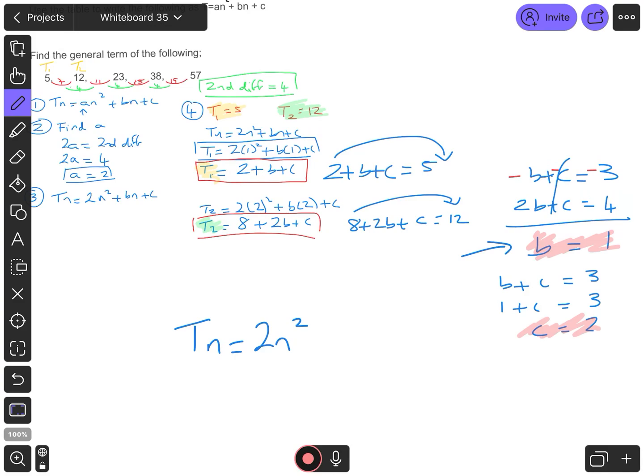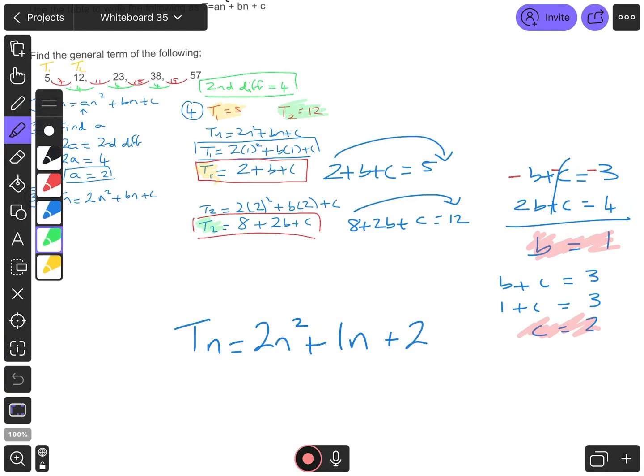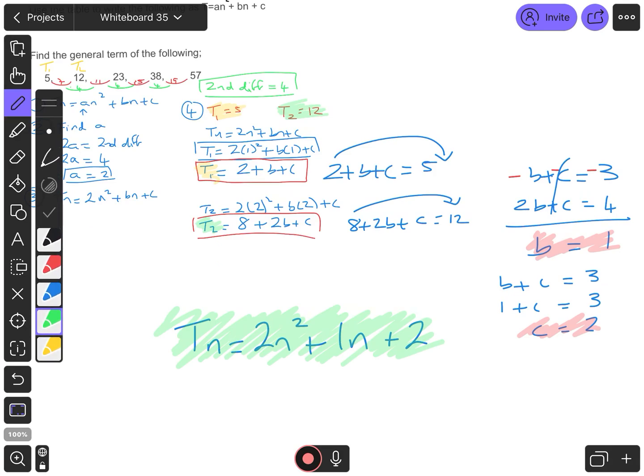My b is from over here, plus 1n, and then my c is from here, plus 2. And there is my general equation then. Didn't need to write the 1 either, I could have just left out that 1.